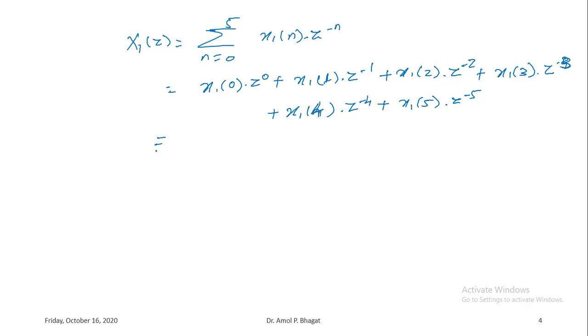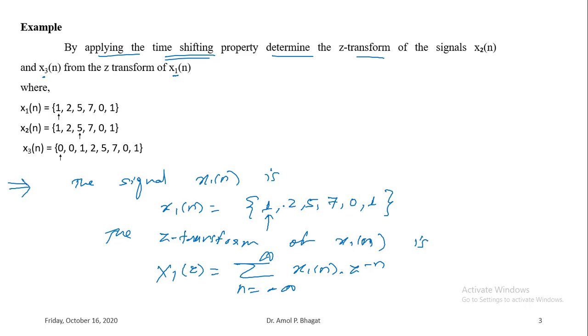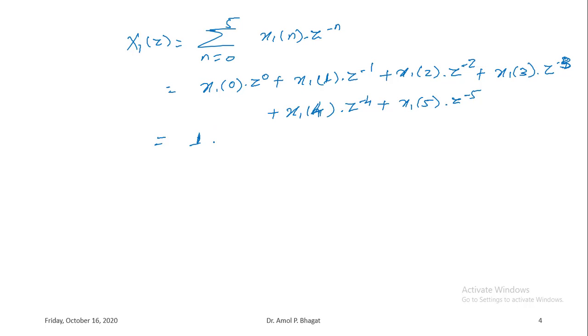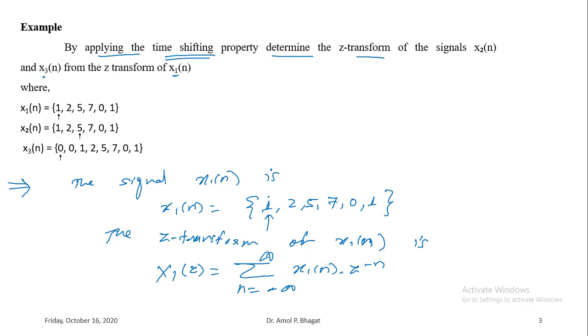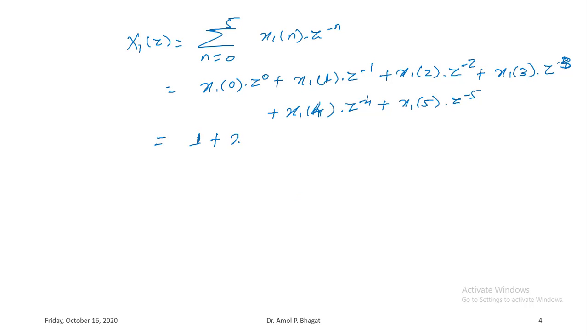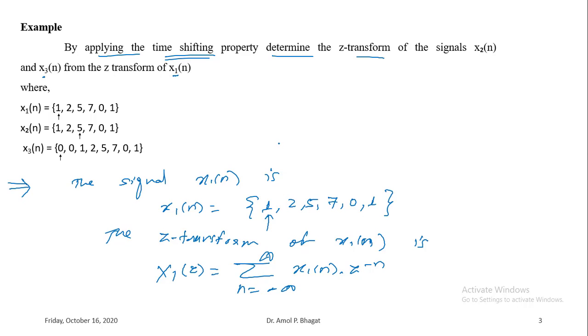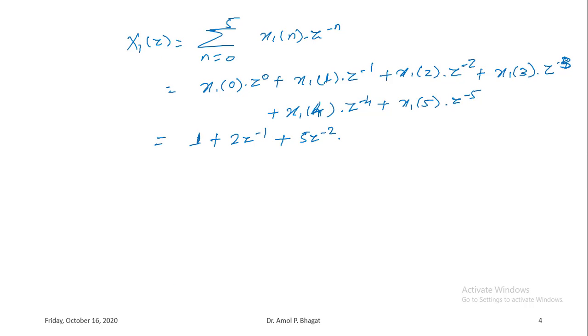If I substitute these values, x1 of 0 is 1, and z to the power 0 will be 1. x1 of 1 is 2, so 2 z inverse will be there, plus x1 of 2 is 5, so 5 z to the power minus 2, x1 of 3 is 7, so 7 z to the power minus 3, then x1 of 4 is 0, so 0 multiplied by z to the power minus 4 will be 0, and x1 of 5 is 1, so 1 multiplied by z to the power minus 5 will be z to the power minus 5.